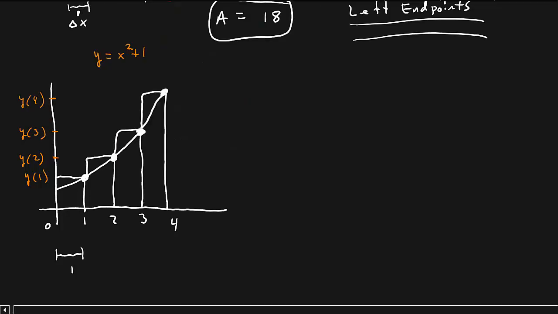All right, so let's go ahead and find the area. The area is the width of the rectangle. Remember what we talked about just a while ago. I'm going to take the width of each rectangle, and that's getting factored out. And then I'm going to sum up the heights. So that's going to be y of 1 plus y of 2 plus y of 3 plus y of 4.